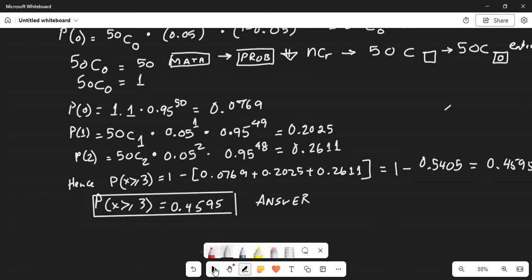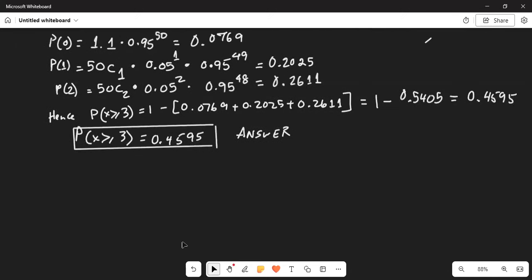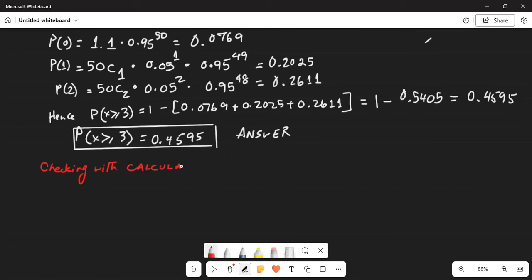Let me create some space, and let me use a different ink. So checking with the calculator, the binomial CDF function.